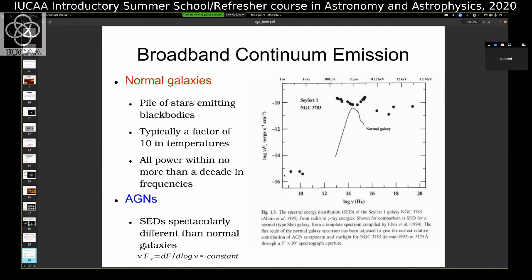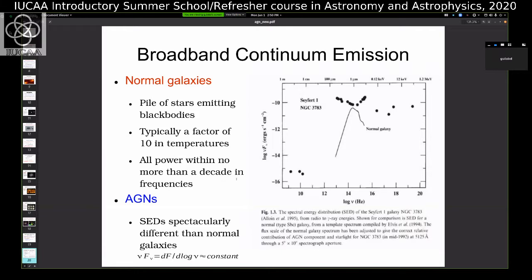Now you see in the radio region there is also emission from the AGN, and beyond the optical region there is a strong ultraviolet component. Not only ultraviolet, there are X-ray emission as well as gamma ray emission. So the spectral energy distributions of AGNs are spectacularly different from normal galaxies.